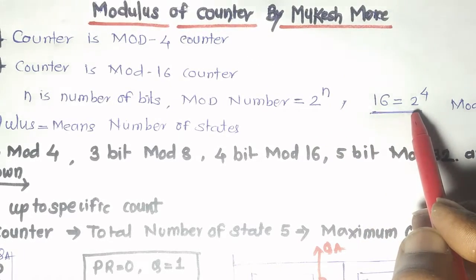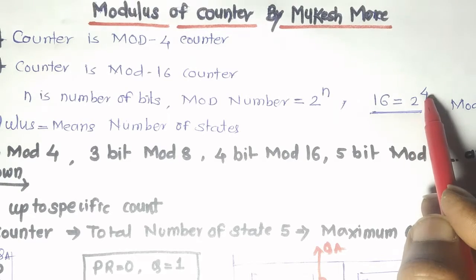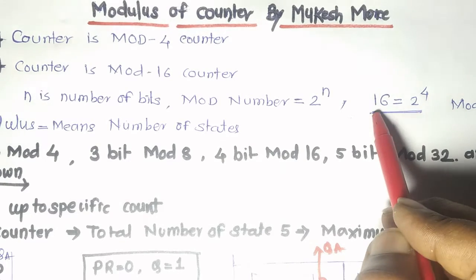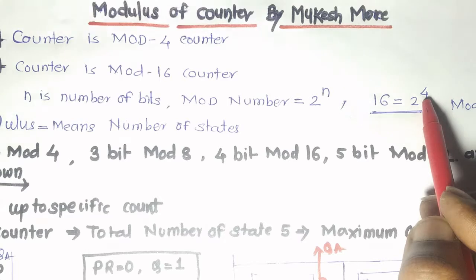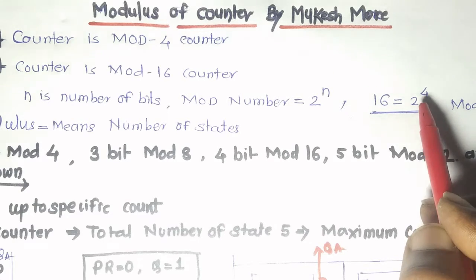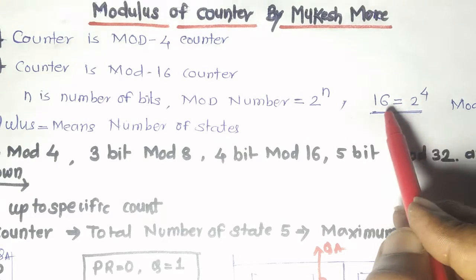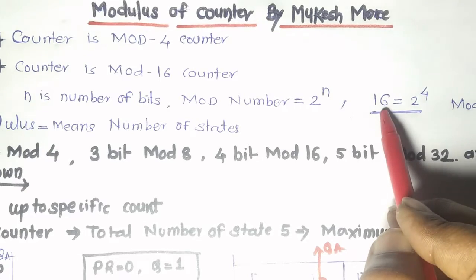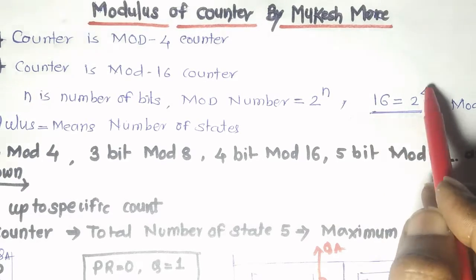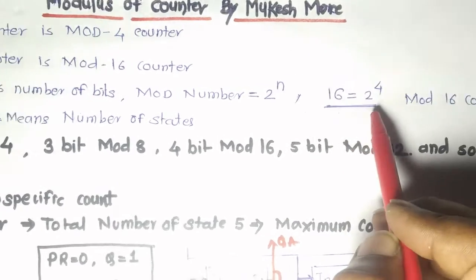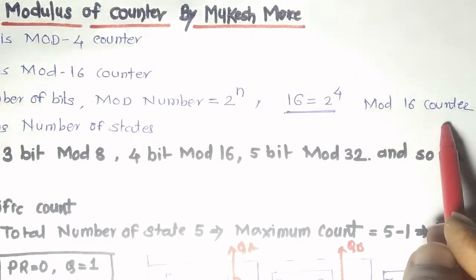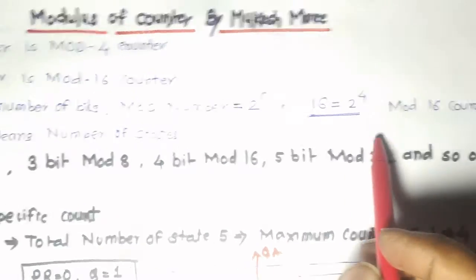Then the value of n is 4, since 2 to the power 4 is equal to 16. So this is a 4-bit counter, and this 4-bit counter will count 16 states. So this counter is also called a mod 16 counter or modulus 16 counter.